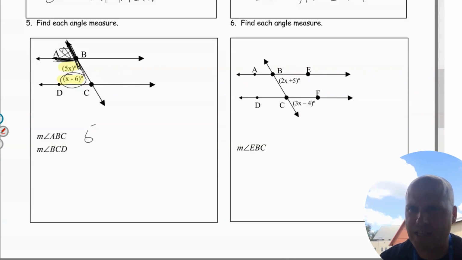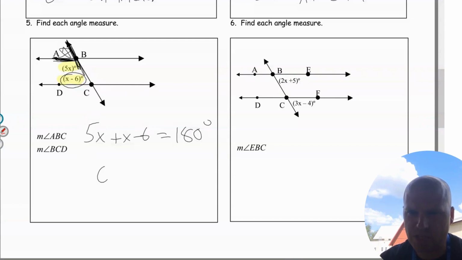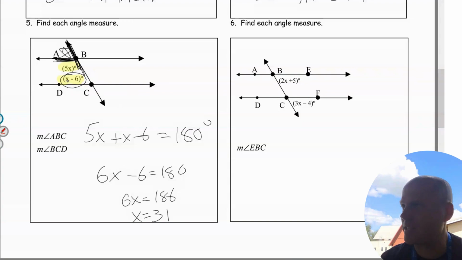So we would need to say that 5x plus x minus 6 equals 180 degrees. That's 5x. So this is 6x minus 6 equals 180. 6x equals 186. x is 31. If this is 31, 31 minus 6 is 25.